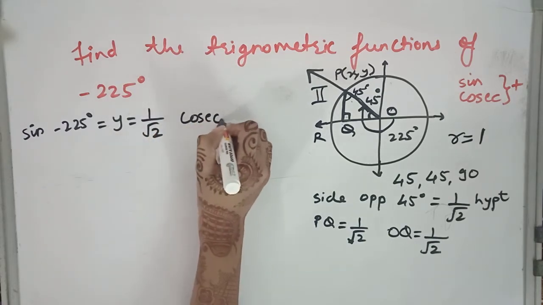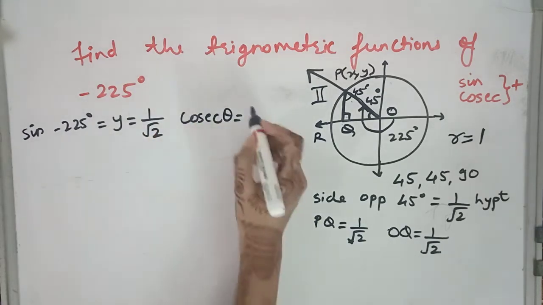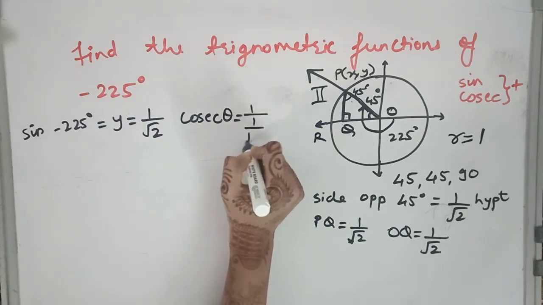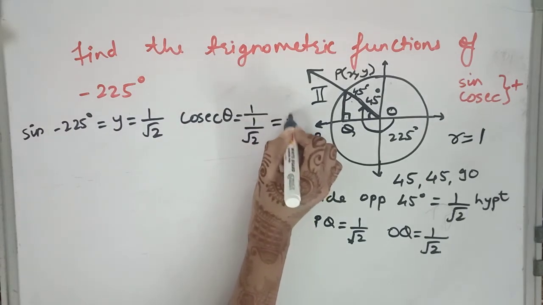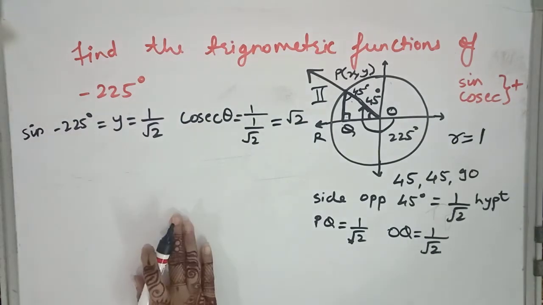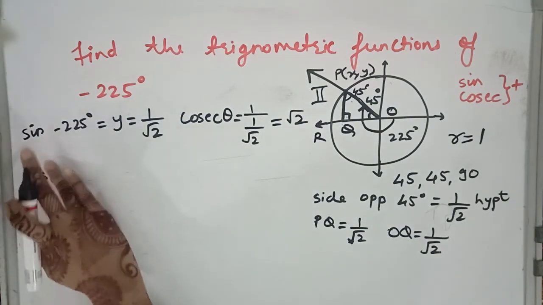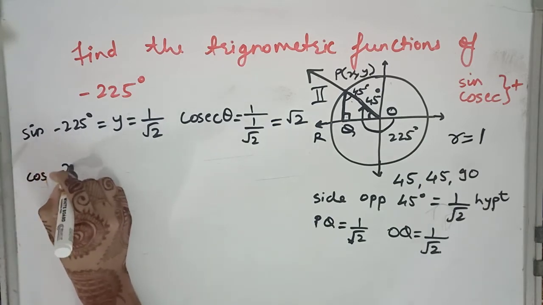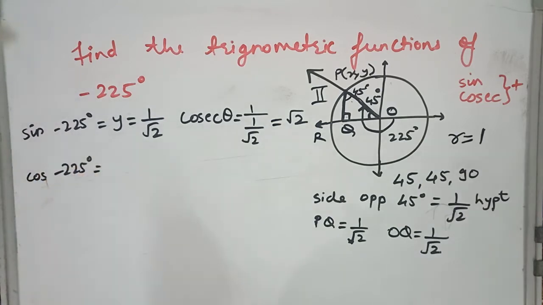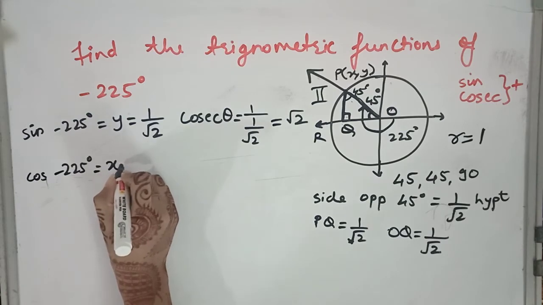Cosec theta is the inverse of sine, so cosec will be 1 upon 1 upon root 2, which is equal to root 2. Now cos theta, cos of minus 225 degrees, which will be equal to x.